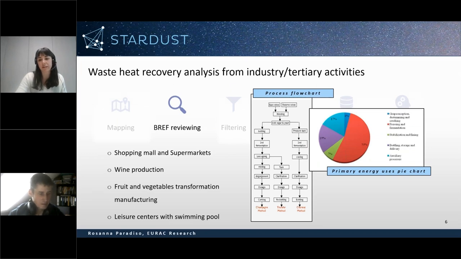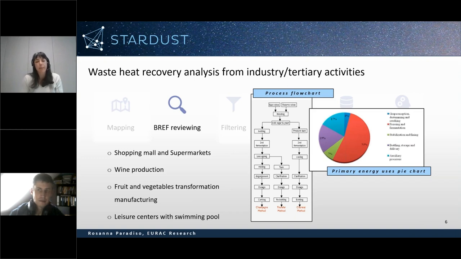We detected the most present sectors in the area, and we discovered that there were shopping malls and supermarkets, but also wine production sites, fruit and vegetable transformation manufacturing, and a leisure center with swimming pools.